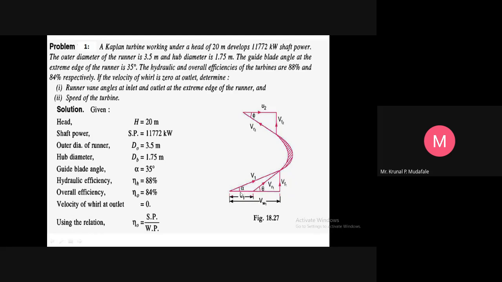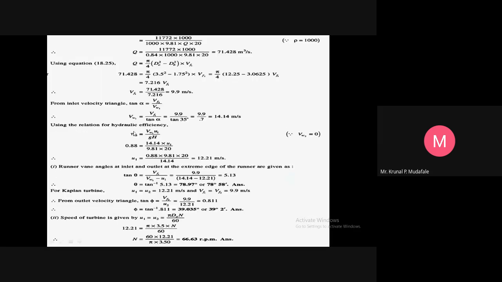The opposite is Vf. How can we find out Vw1? We find it with the help of tan alpha, because alpha we know well. Vf1 equals Vf2, and the only unknown is Vw1, so you will get Vw1 from this equation.